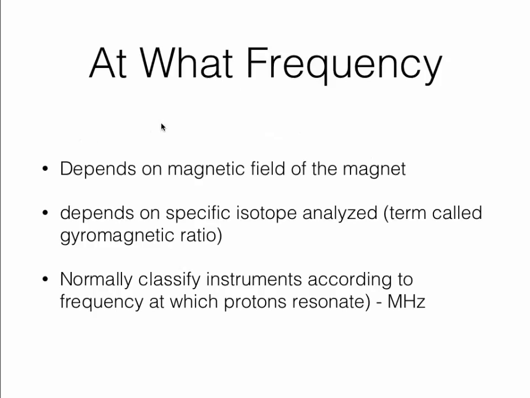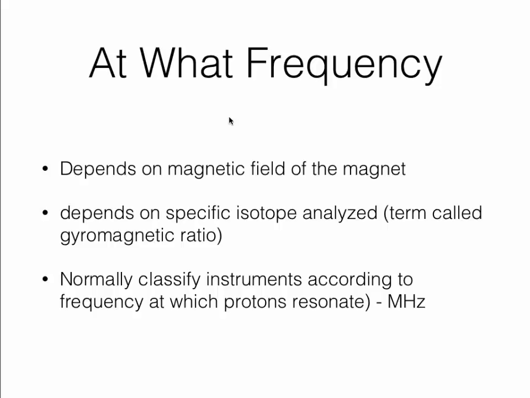And so the frequency you're measuring is the frequency at which the magnetic moment goes from with the field to against the field. What frequency is that going to be? That depends on how strong your magnet is. It depends on what specific isotope you're analyzing.